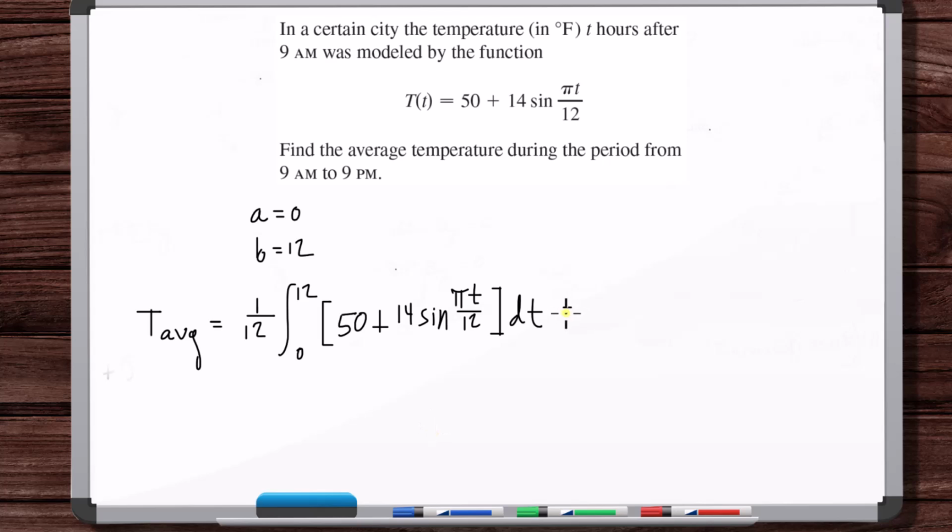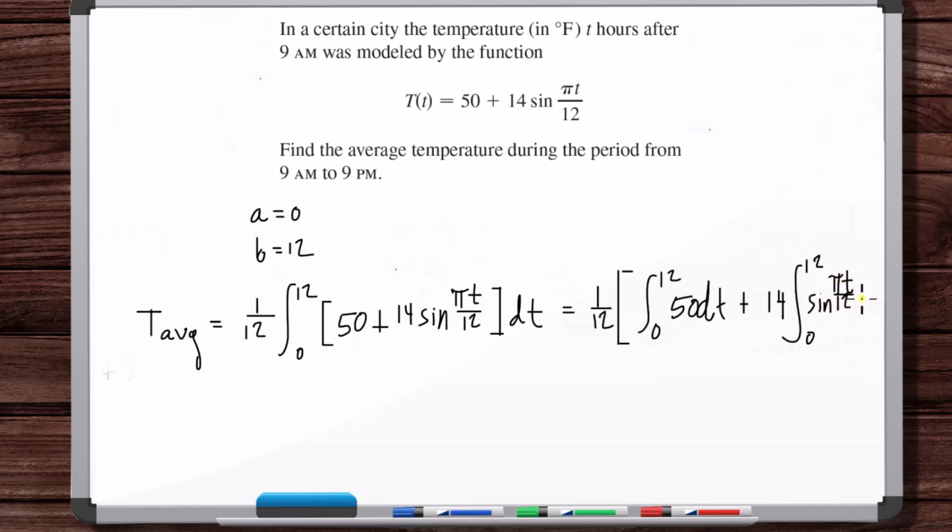Let's go ahead and separate this into separate integrals: 50 dt plus 14 sine of pi t over 12 dt.